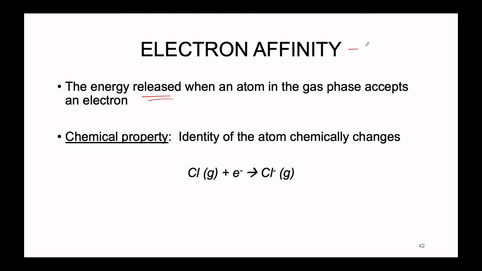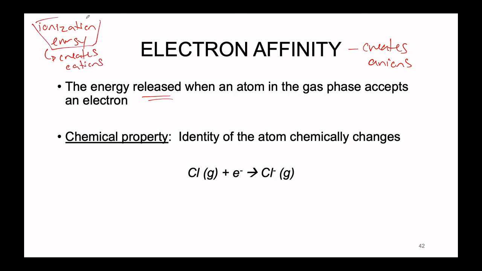So electron affinity creates anions, whereas the ionization energy that you put in creates cations. So one corresponds to creating a positive ion, the other corresponds to creating a negative ion.